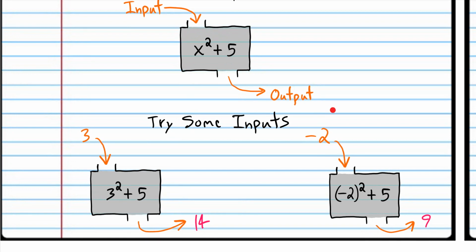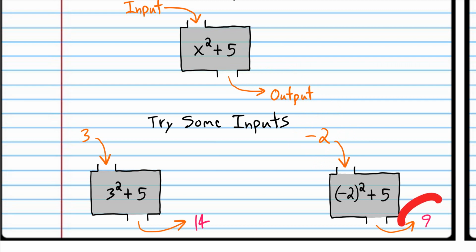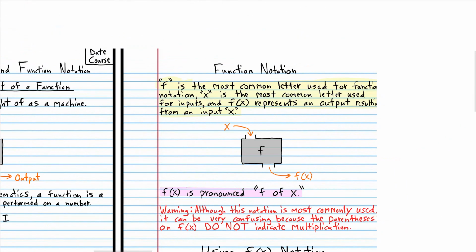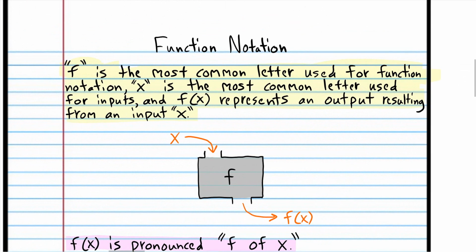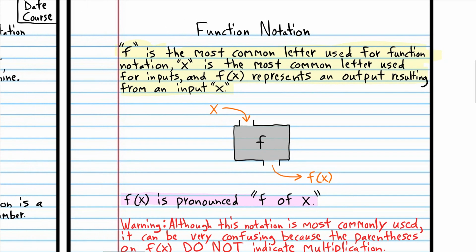If we plug in -2 into our machine, then we get 9. So 9 is the output, -2 is the input. That's the basic idea of a function. So you should be pretty familiar with this at this point in your math education, but we're just quickly reviewing.